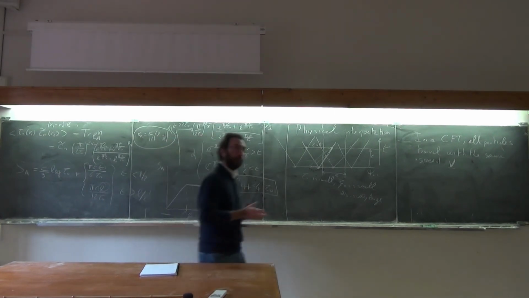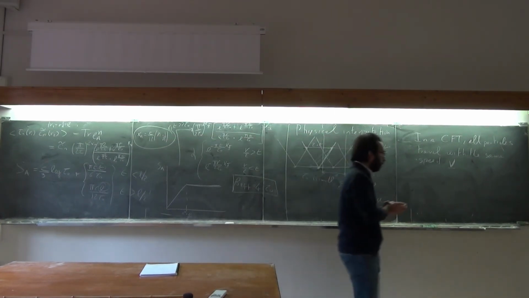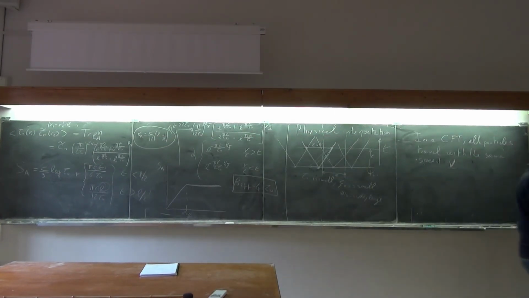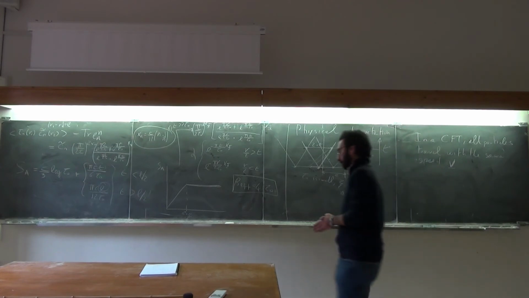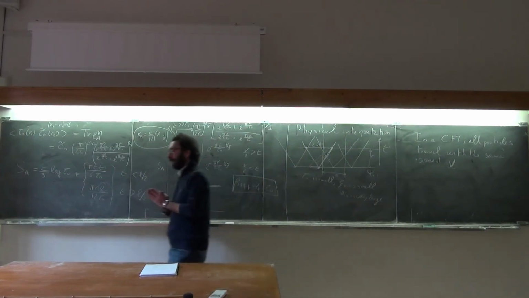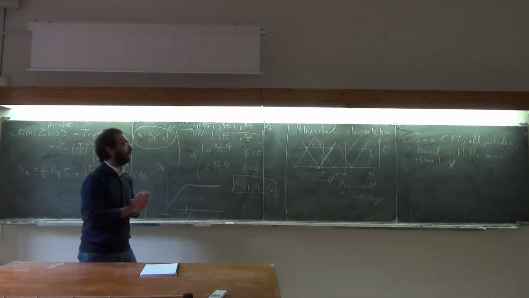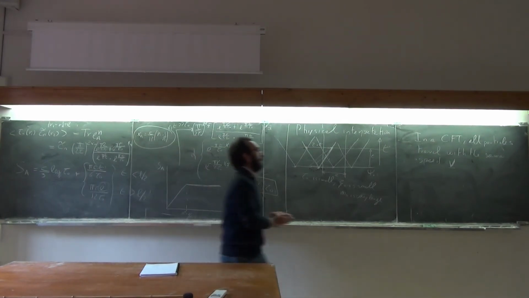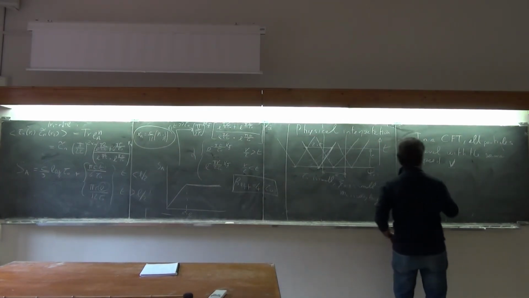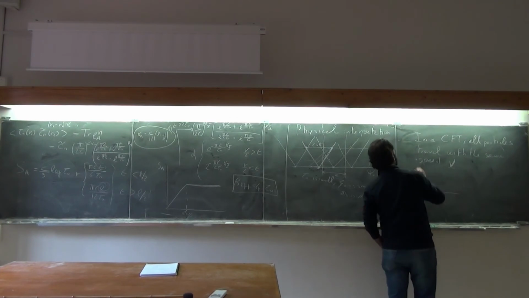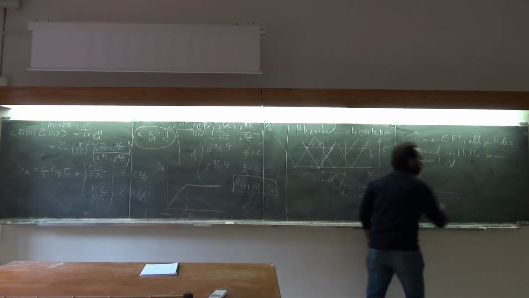But if we understood this, we can try to see what happens when not all the particles travel at the same speed. Because even for a system that in equilibrium is described by conformal invariance, in general we have a dispersion relation that gives the energy in terms of the momentum.